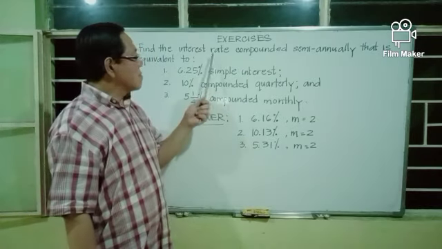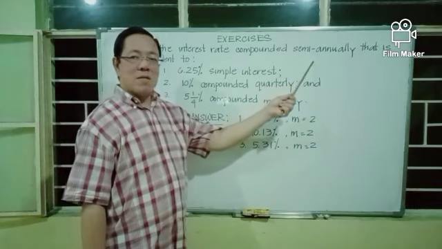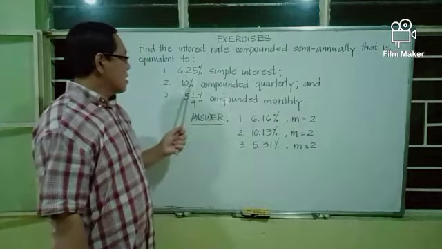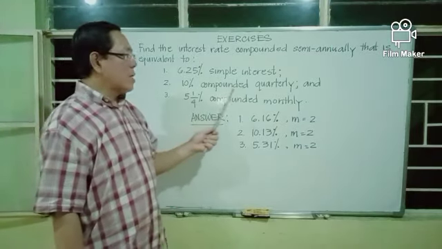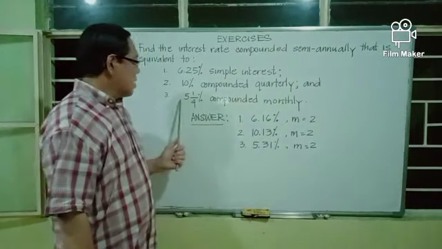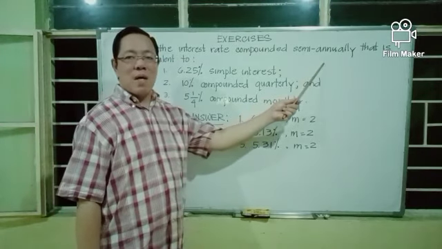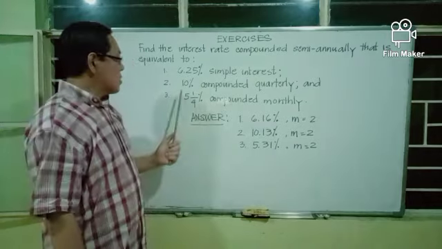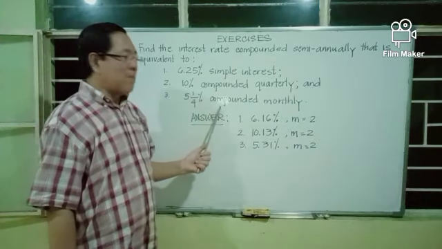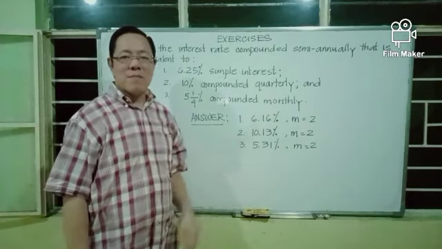This is equivalent to 10% compounded quarterly. And for number 3, the answer is 5.31% compounded semi-annually, equivalent to 5 1/4% compounded monthly.